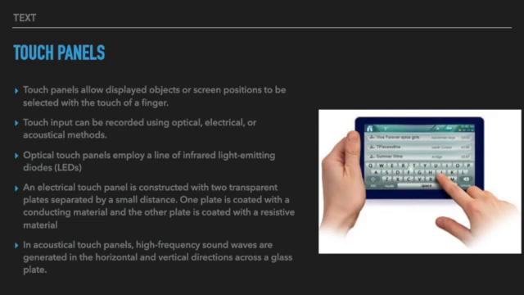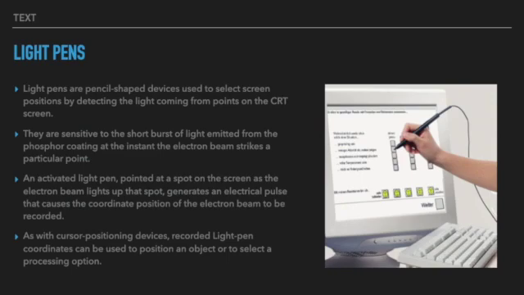Then the next kind of graphic input device is light pens. Light pens are pencil shaped devices. Here's an example of light pens. They are used to select screen positions by detecting the light coming from points on the CRT screen. Okay, they are sensitive to the short burst of light emitted from the CRT's phosphor coated screen at the instant the electron beam strikes a particular point.